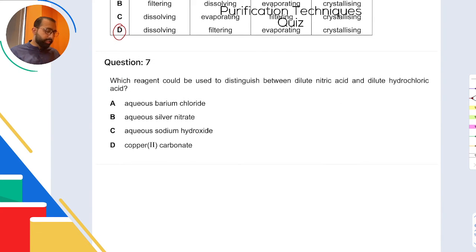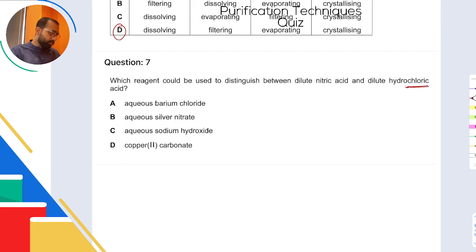Alright, which reagent could be used to distinguish between dilute nitric acid and dilute HCl? Again, this is not really a question of purification techniques, it's more like a question of identifying different ions. While this is not relevant, I'll still tell you the answer. If you have a halide ion, then you can easily test it using a silver ion.